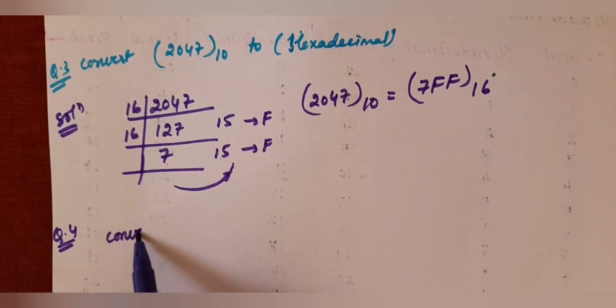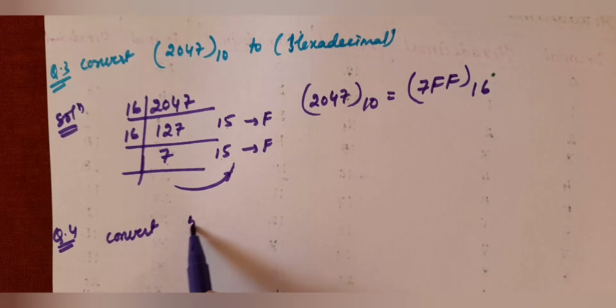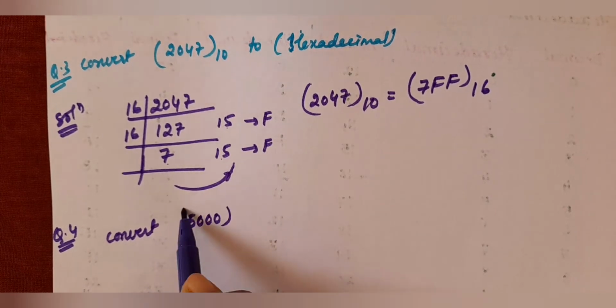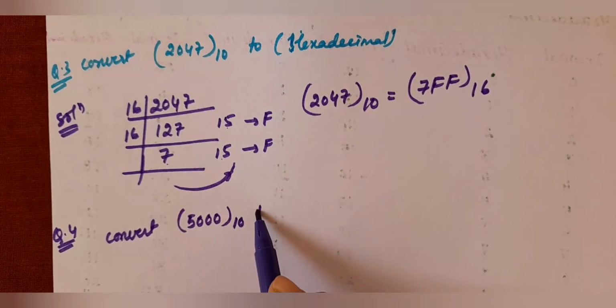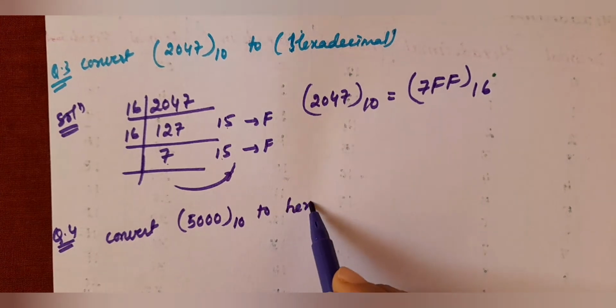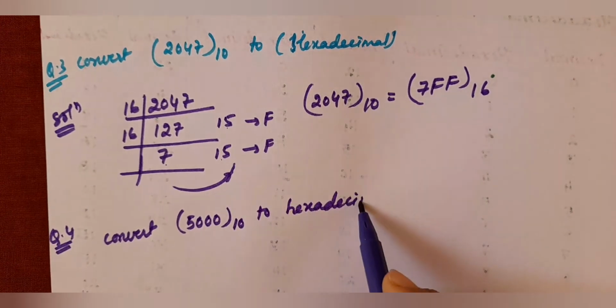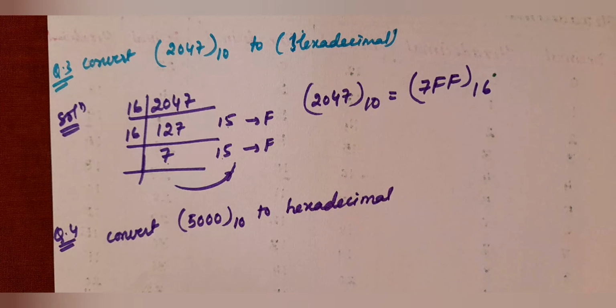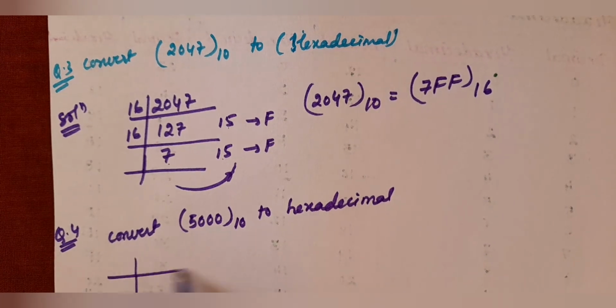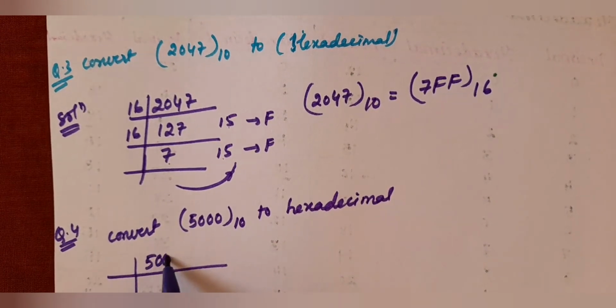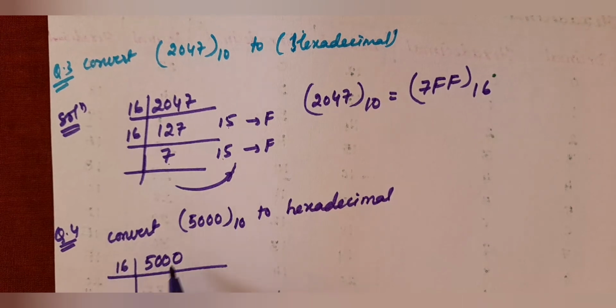Let us see the next example. Convert 5000 decimal to hexadecimal. So divide this 5000 by 16. The quotient is 312 with the remainder of 8.